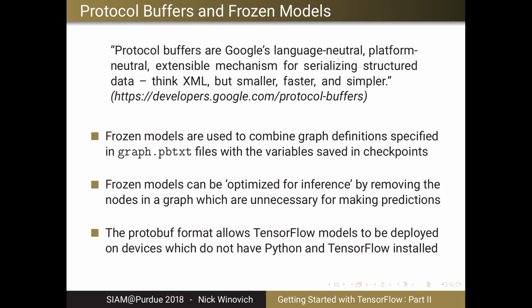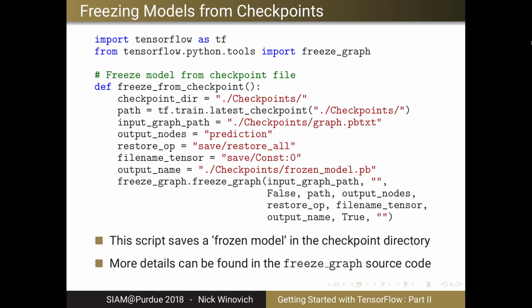So if you're interested in learning more, you can look at this website. It's Google's protocol buffer format, and it's basically used for deployment. If we want this on multiple devices, we want something that's just what we need and no additional instructions.